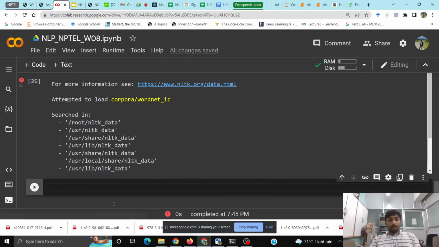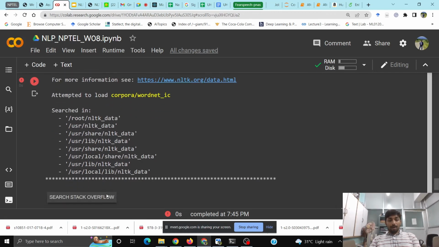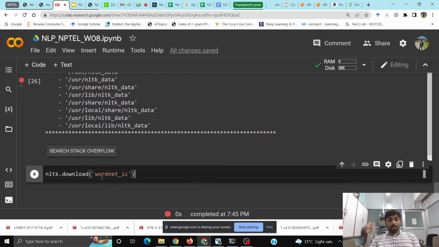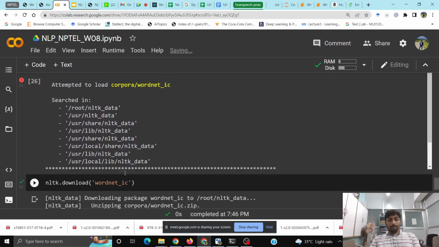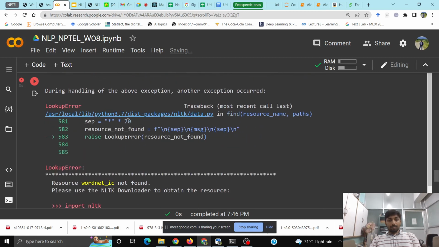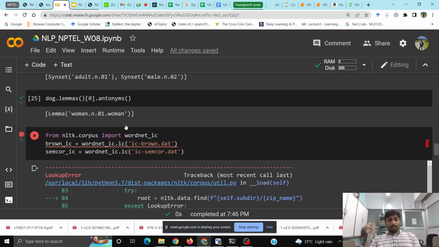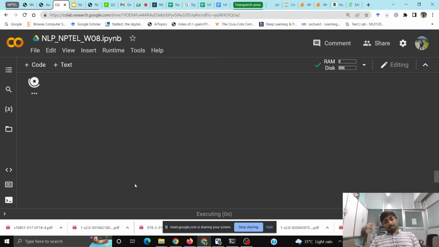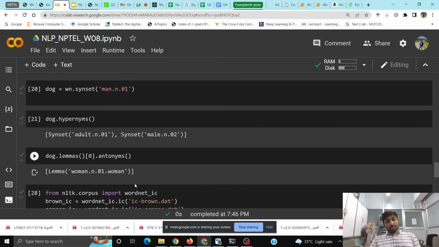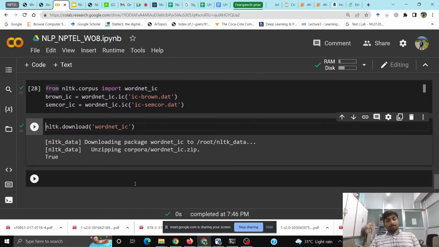When you are running NLTK, sometimes you have to download some of the libraries. Some of them are not present by default.